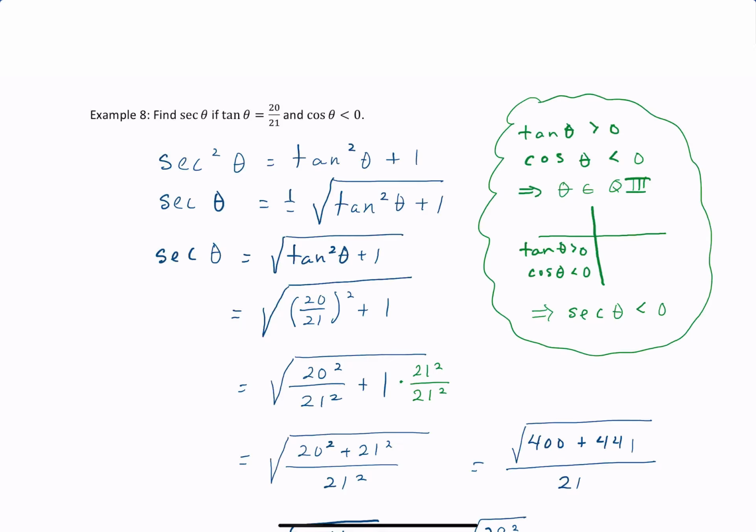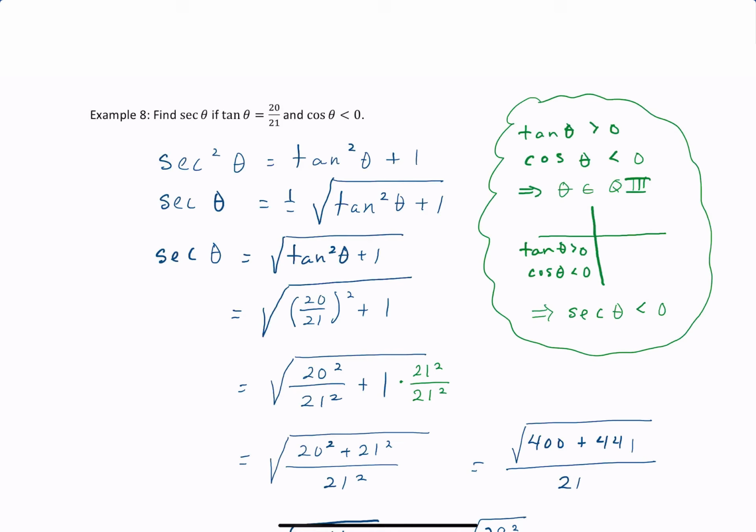Solving that for secant, we have secant of theta equals plus or minus the square root of tangent squared of theta plus 1.